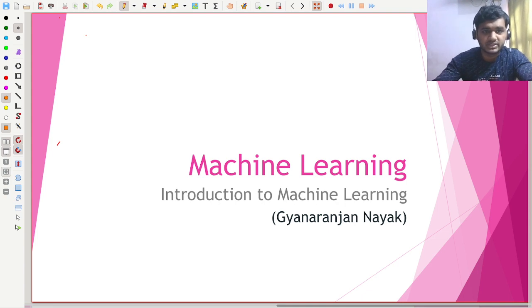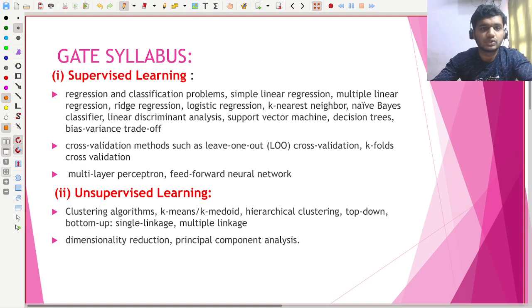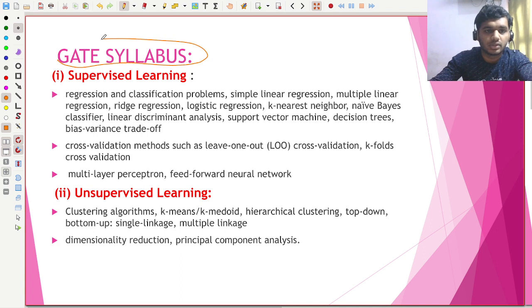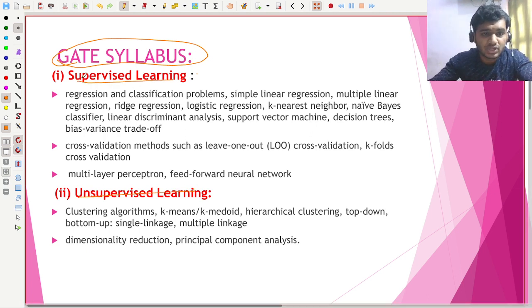But in our course, in the GATE syllabus, the topic has two subdivisions. First one is supervised learning, second one is unsupervised learning. We discuss every classification and regression algorithm or model in supervised learning.